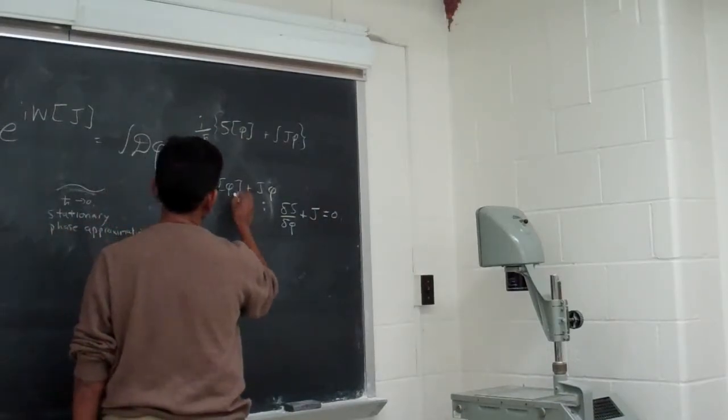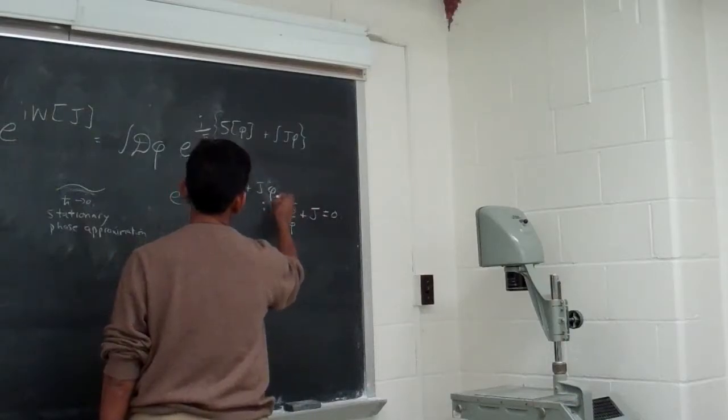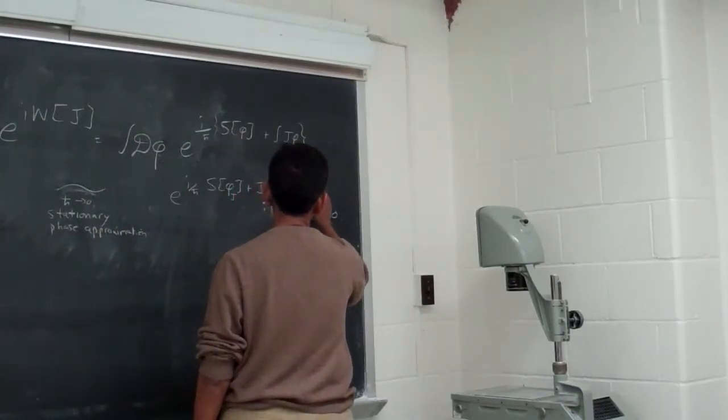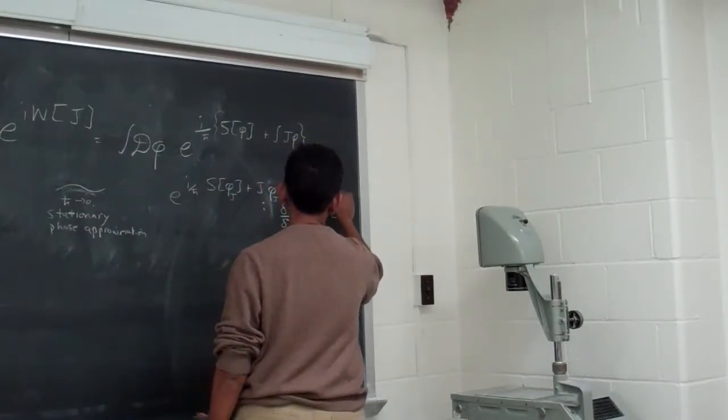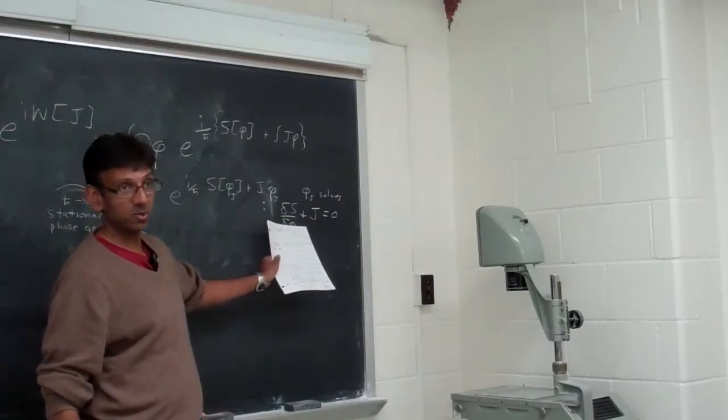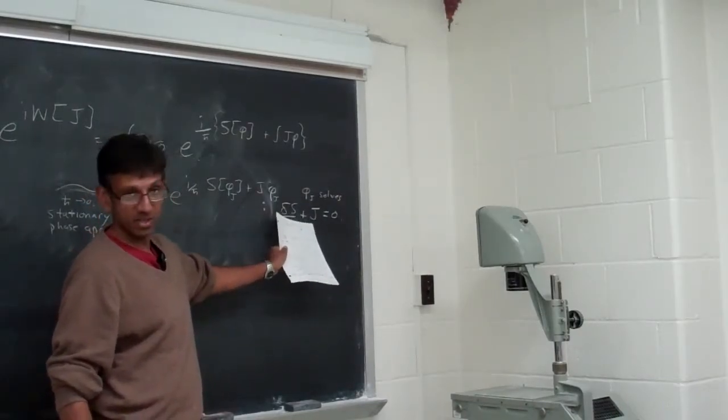If you want, we can say this phi is dependent on j, in the sense that phi_j solves this classical equation of motion for the action with a source term.